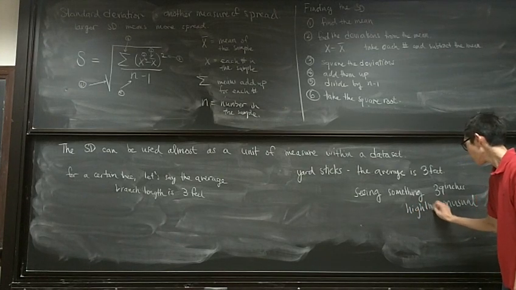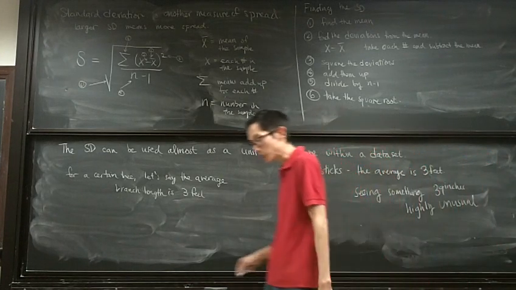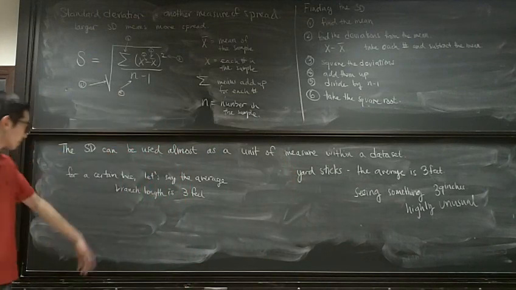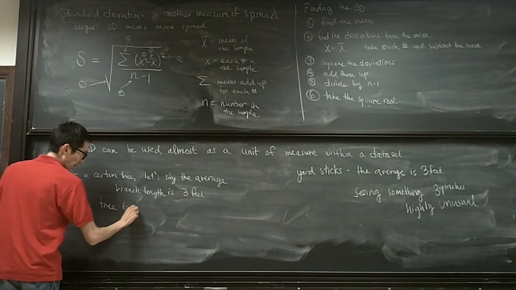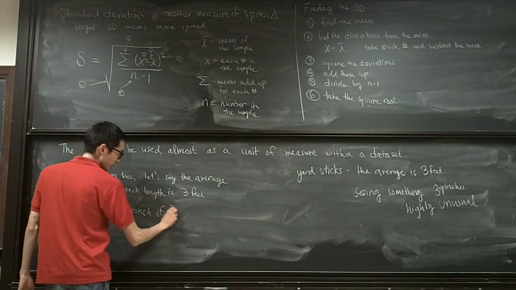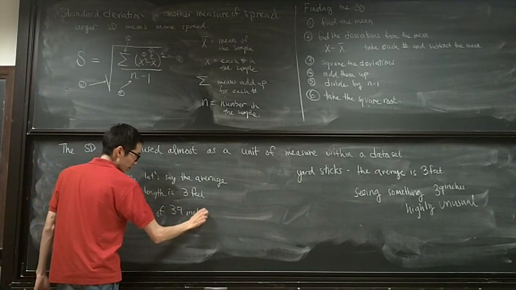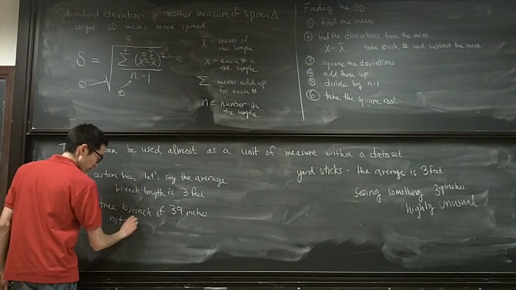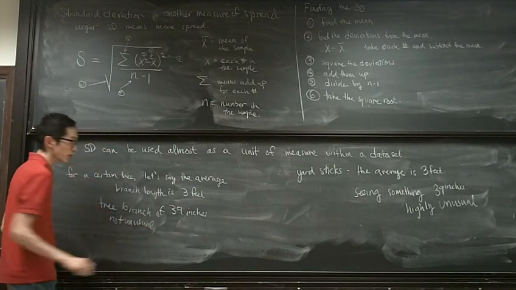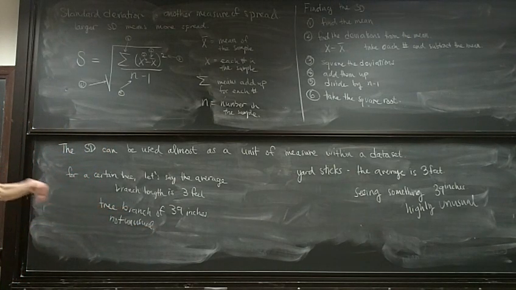Part of it is because they're calling them yardsticks. But over here, seeing a tree branch of 39 inches is not unusual, even though in both cases the average is 3 feet.